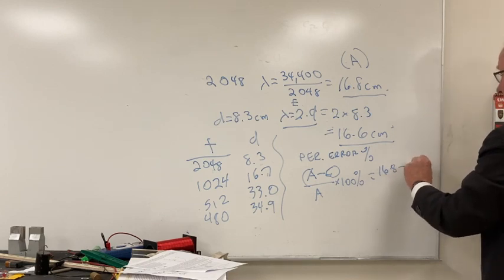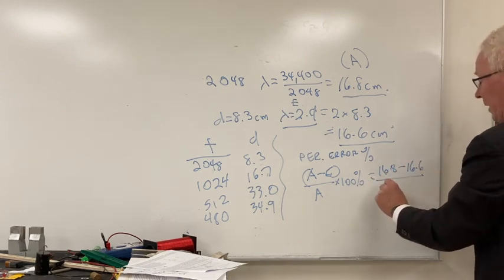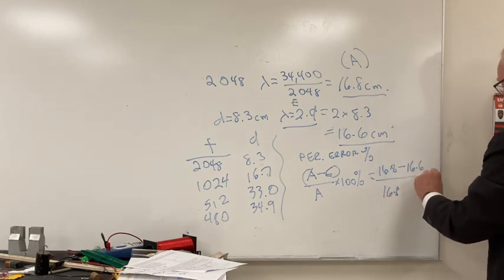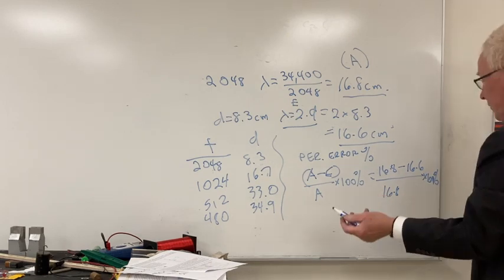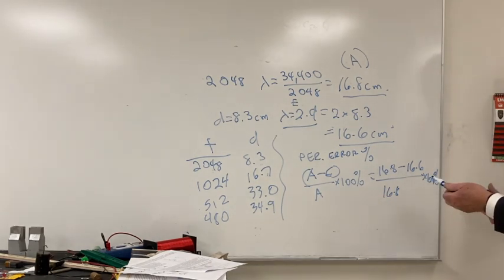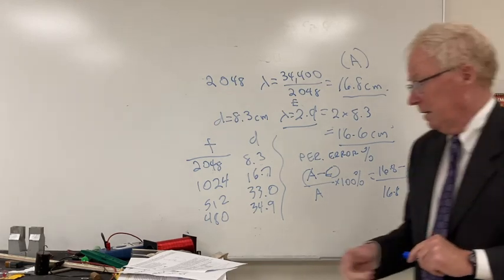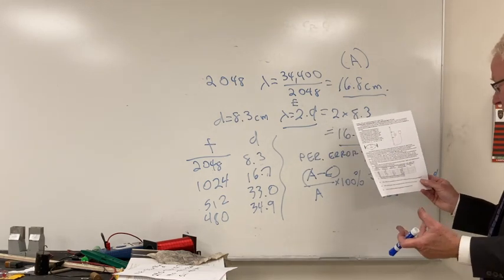The experimental is 16.6. We divide all that by 16.8 and times 100%. So that gets you the percent error. So in this case, it should be relatively accurate. All right? So you'll do that and complete the table there and then answer the questions.